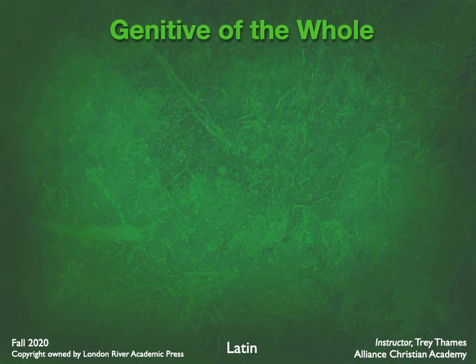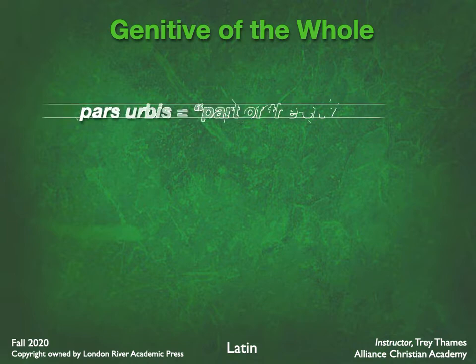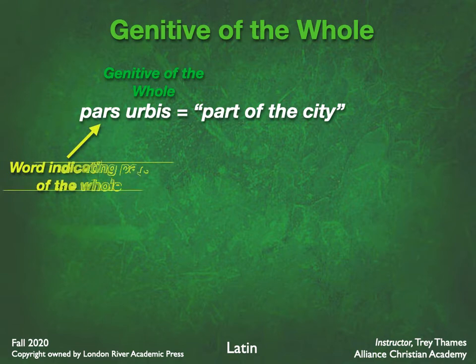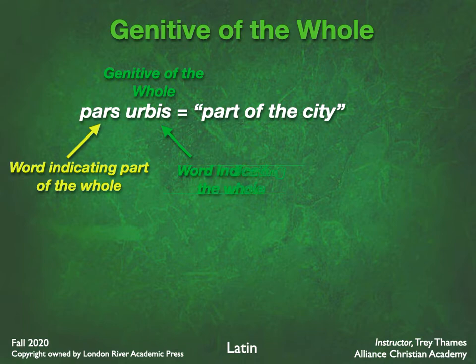So let's look at an example here. Pars urbis. Urbis means part of the city. So urbis is an example of a genitive of the whole. You've got the word pars, or part, which indicates a part of something. And then urbis is a word indicating the whole of something.